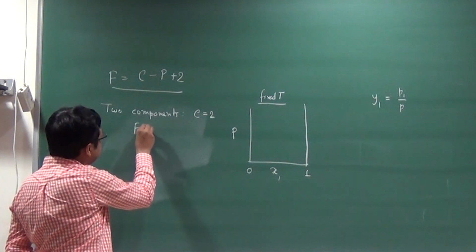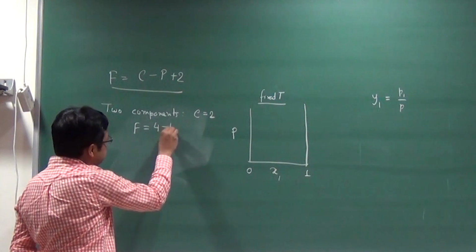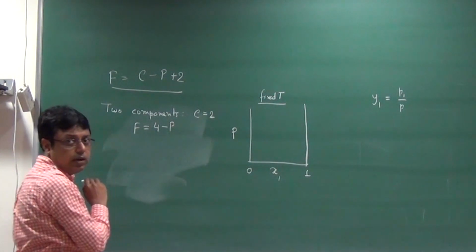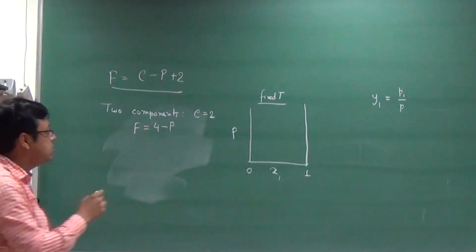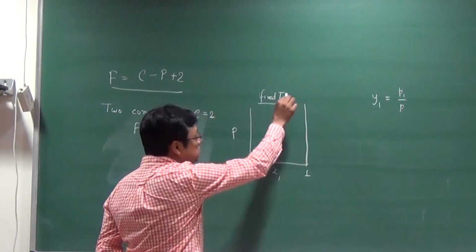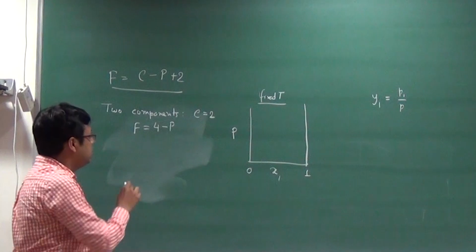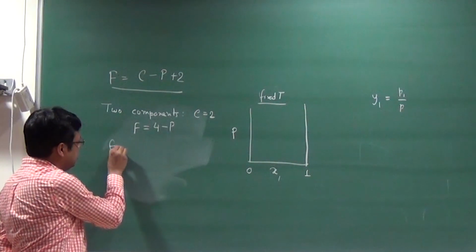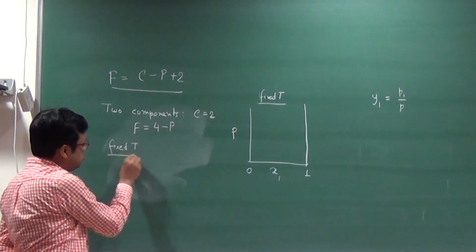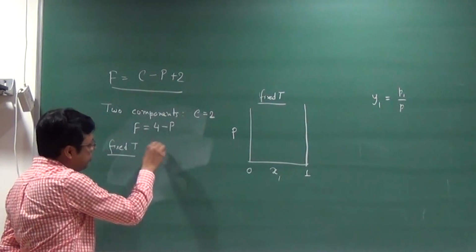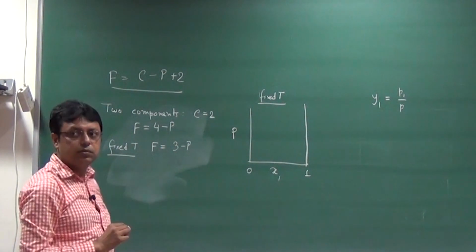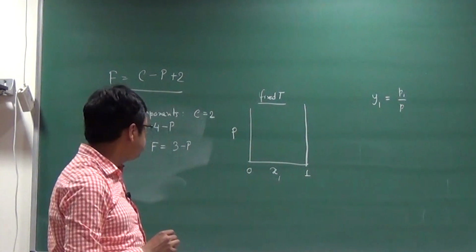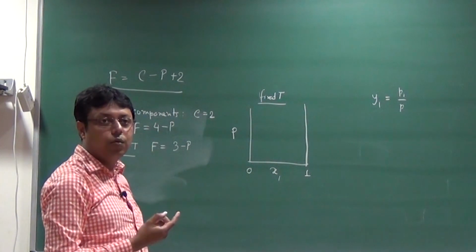Overall, my F should be 4 minus P. Now remember that I am also making another constant: fixed temperature. If I have a fixed temperature, then F will be 1 less. It will be basically 3 minus P. Clear?